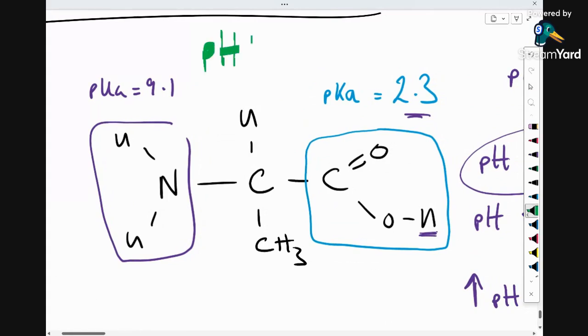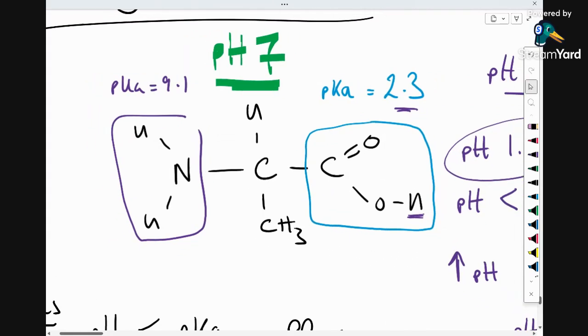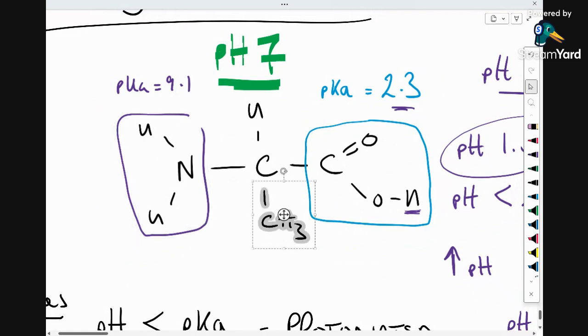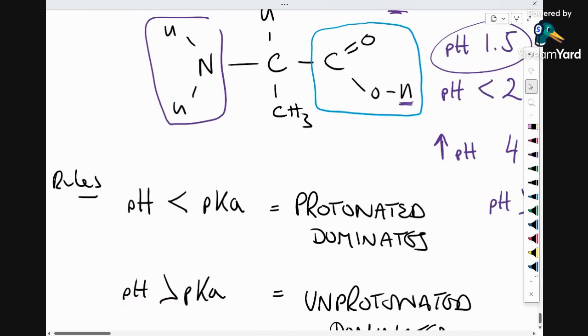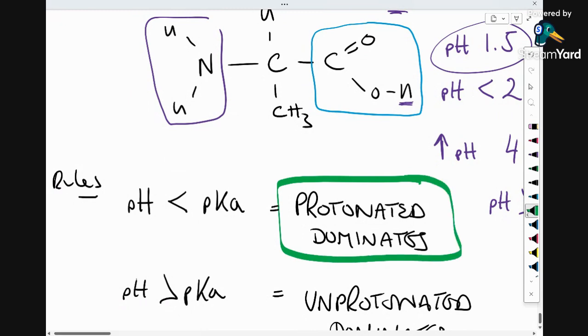What does the amino acid look like? Well, at pH 7, the pH is smaller than the pKa value of the amino group. And as I've said here, if we're smaller than the pKa, the protonated form dominates.